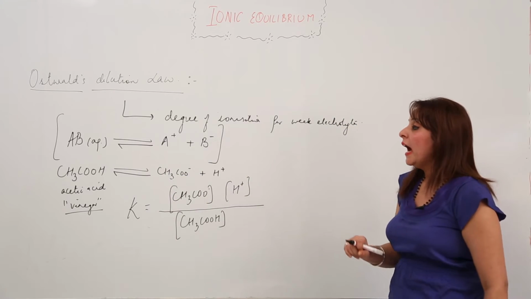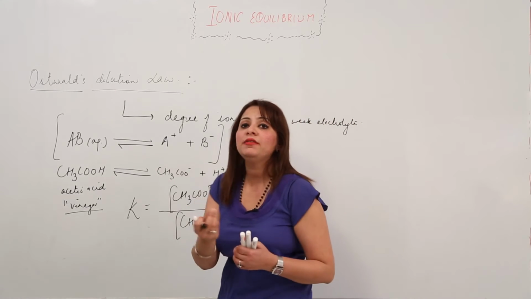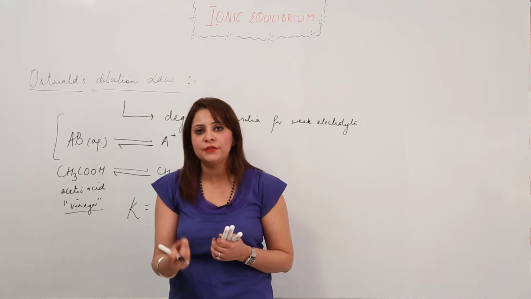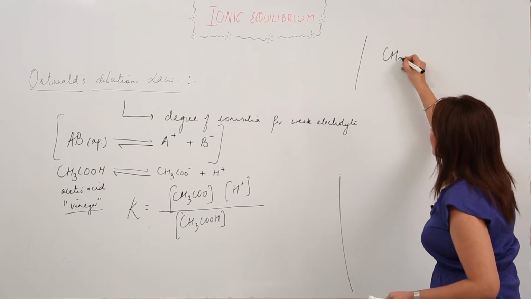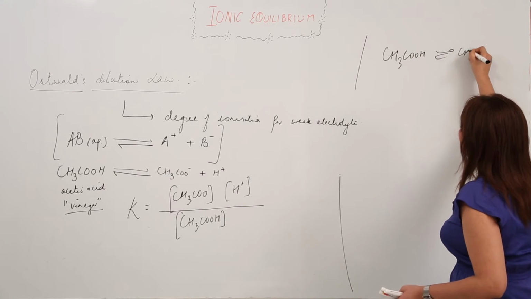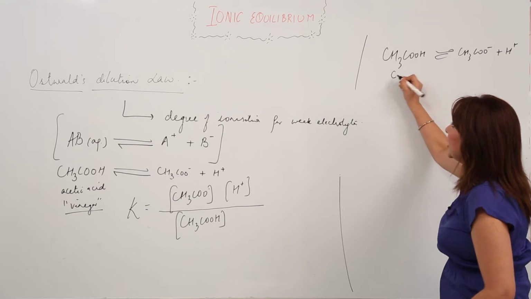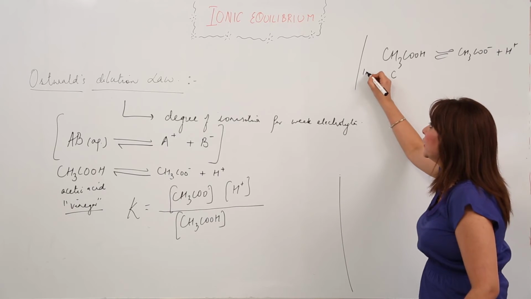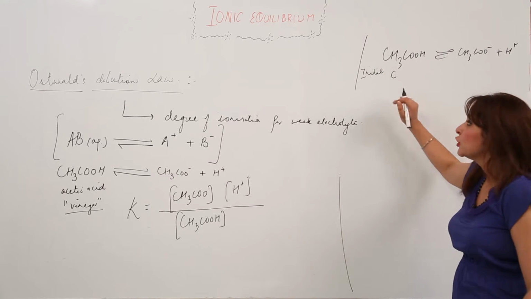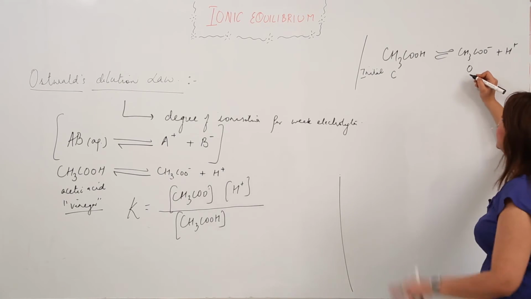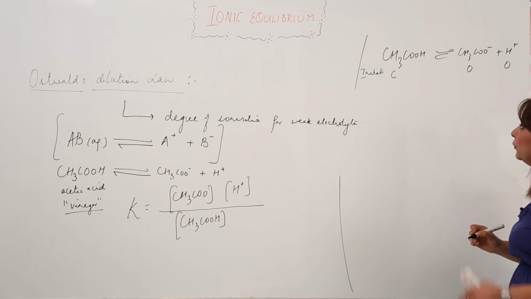Now I am going to take a certain variable for the concentration. Suppose there is an equilibrium between these. Suppose the initial concentration of acetic acid, when it is not dissociated, is C. The initial concentration of acetate ion is 0, and for the hydrogen ion it is also 0.